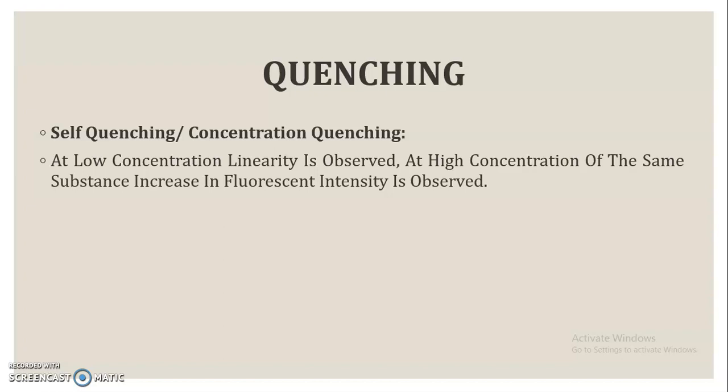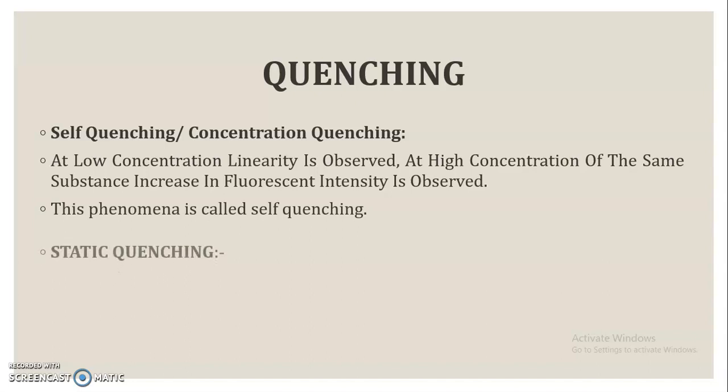But at low concentration this linearity is observed, while at high concentration the same substance does not show any linearity, and a decrease in the fluorescence activity is observed. This is known as self quenching, and because this is due to the concentration difference, this quenching is also known as concentration quenching. This phenomenon is known as self quenching.